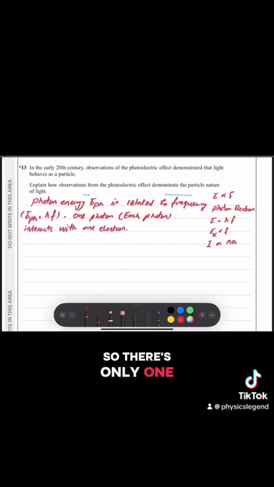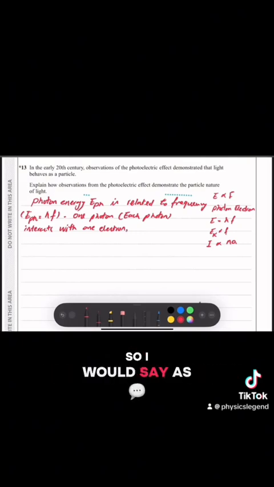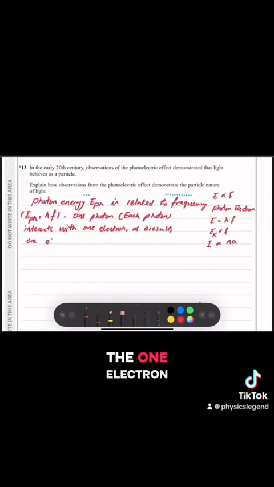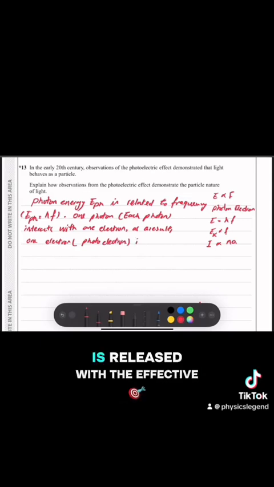So there's only one interaction between one photon and one electron. It means that the energy is delivered to the electron simultaneously. So I would say, as a result, one electron or one photoelectron is released.